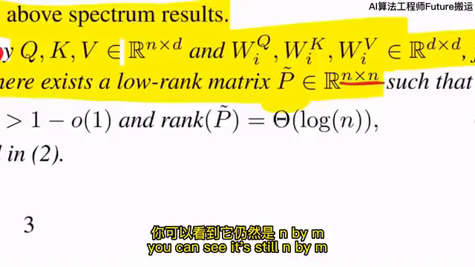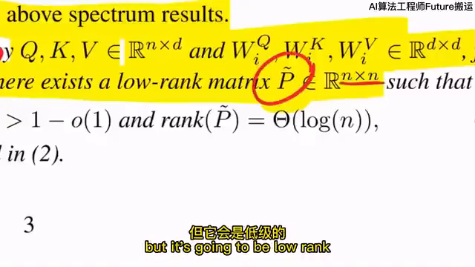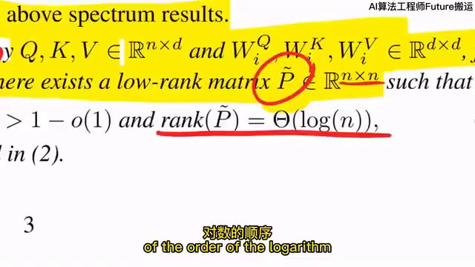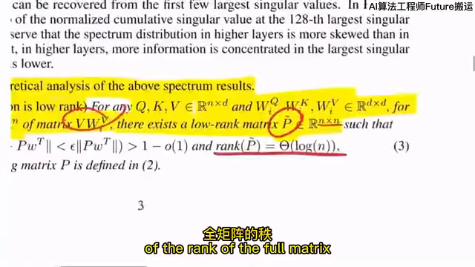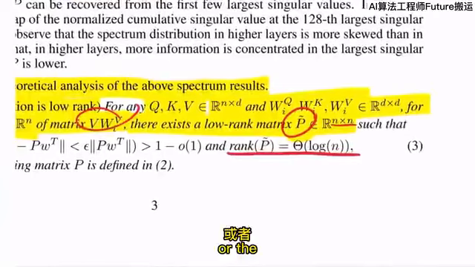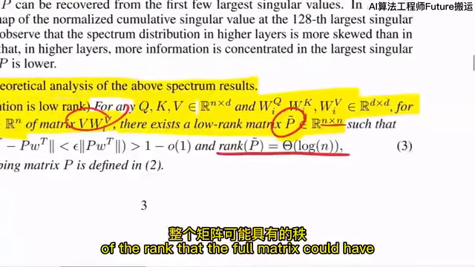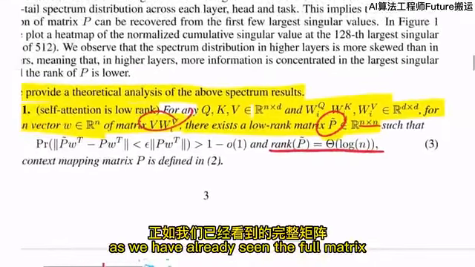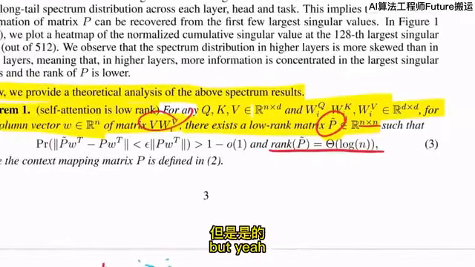You can see it's still n by n, but it's going to be low rank. In fact, it's going to be of the order of the logarithm of the rank of the full matrix, or the rank that the full matrix could have. As we have already seen, the full matrix doesn't have full rank, but yeah.